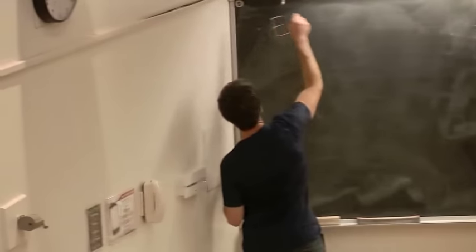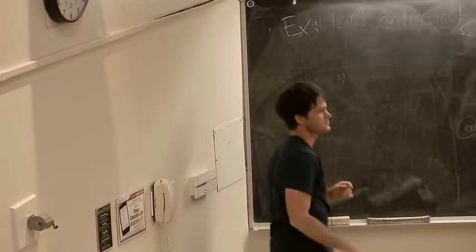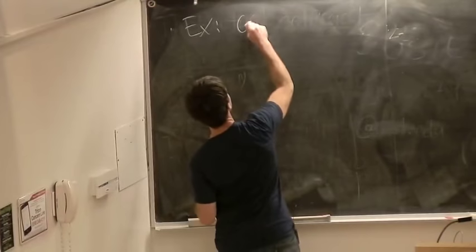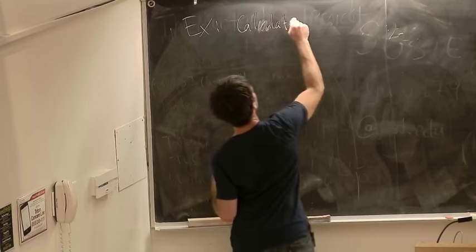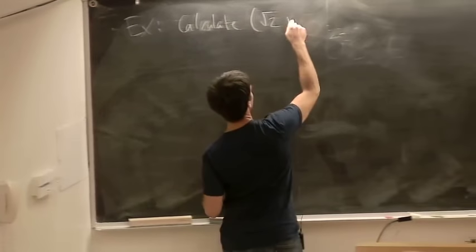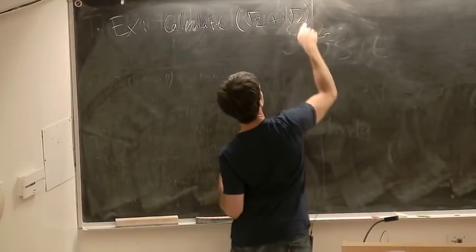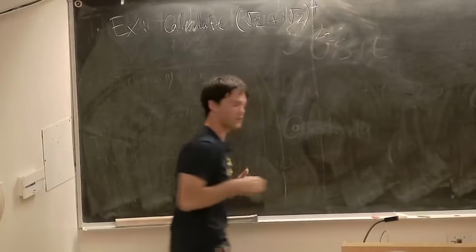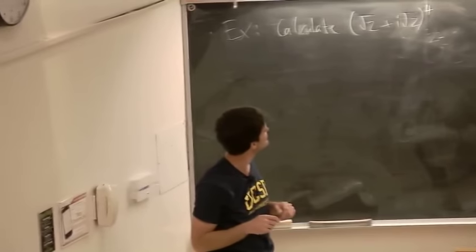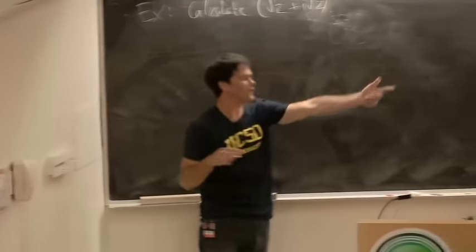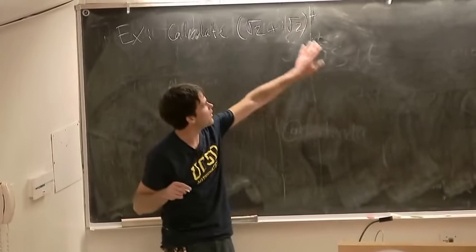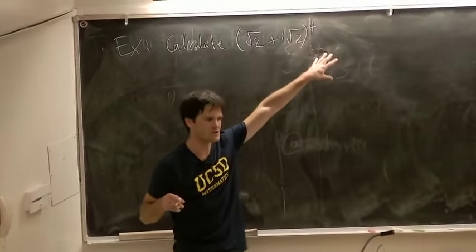So, for example, how about calculate root 2 plus i root 2 to the 4th? If we didn't have this formula, we would have to multiply out a bunch of terms.